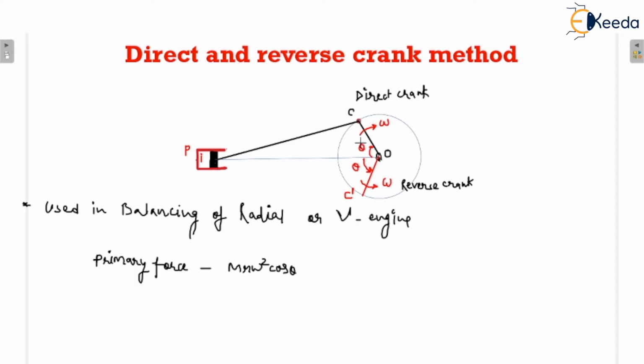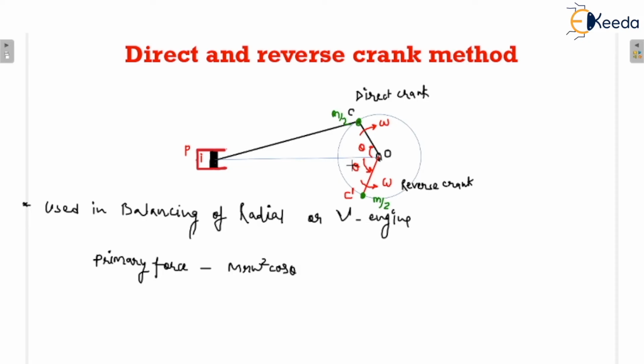Everywhere you have seen a mass m attached at the end of the crank, but because we are discussing the direct and reverse crank method, let us assume this mass m is divided into two parts, each m by 2. There is a mass m by 2 at this end, and m by 2 at the other end. Are you getting the point? The total mass is m.